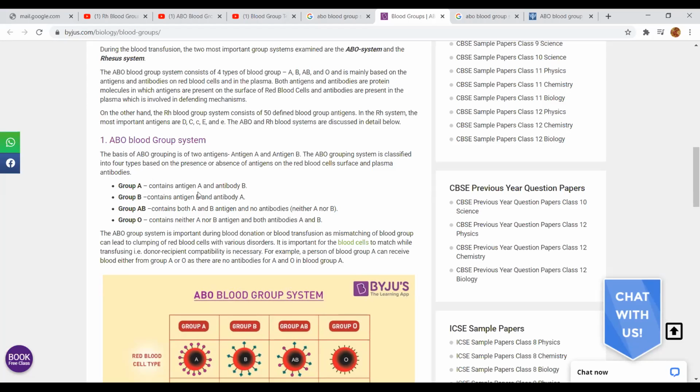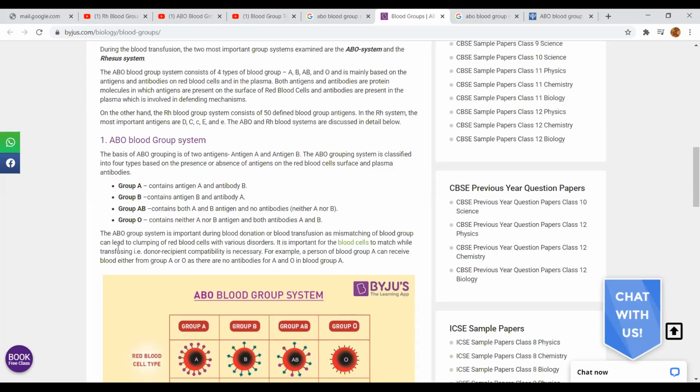It will have antigen A and antibody B. Blood group B will have antigen B and antibody A. Then blood group AB will contain both A and B antigens, and it will have no antibodies, neither A nor B. And blood group O will have neither A nor B antigen, but it will have both the antibodies A and B. I hope this part is clear to you all.